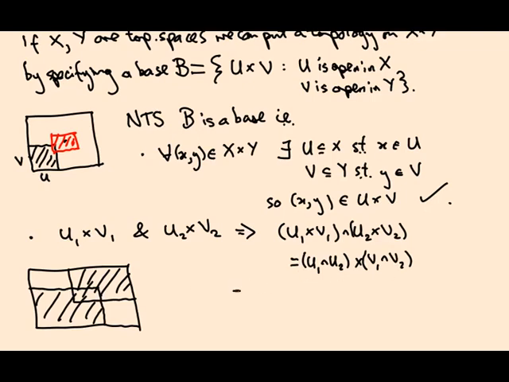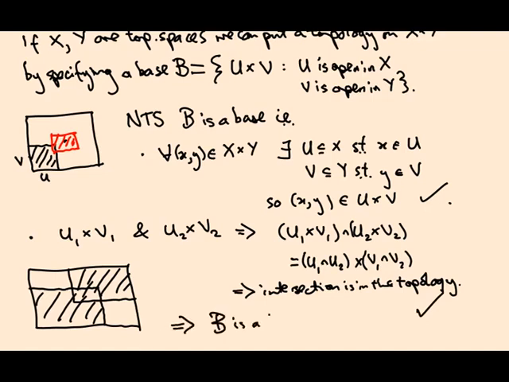So that implies the intersection is in the topology. So that tells us that B is a base. And the topology it defines is called the product topology.